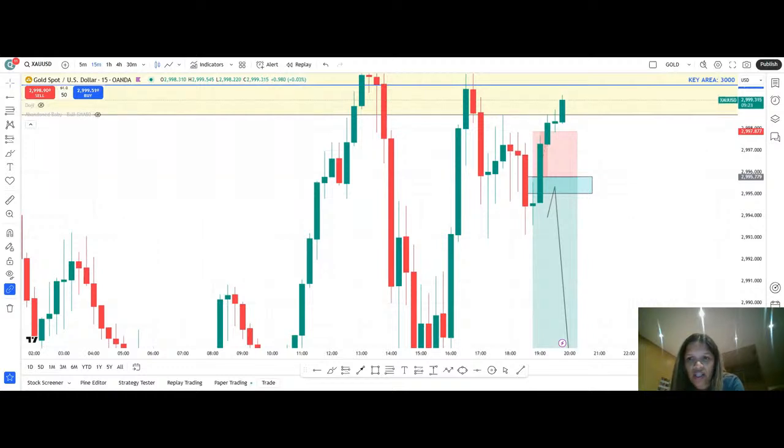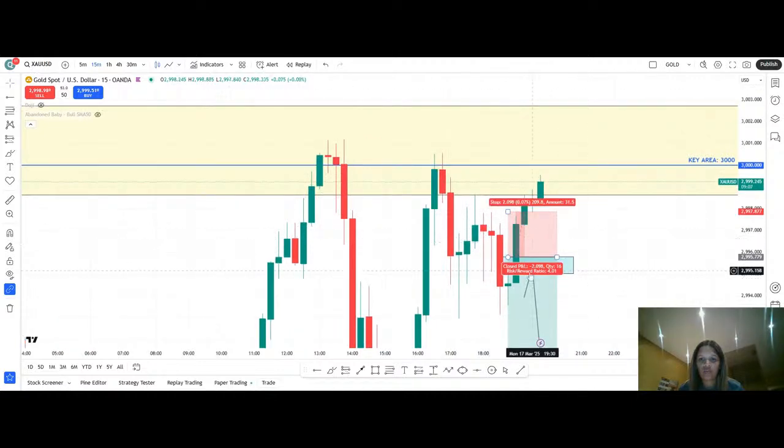All right, so we're seeing price currently at 2999.3. So it's definitely heading now to the 3000 price level again. Once it reaches 3000, like I said, we can expect it to go to this.